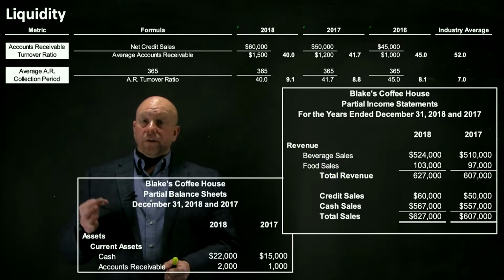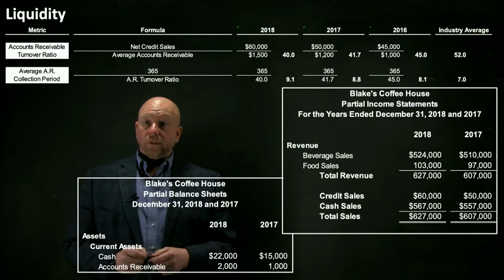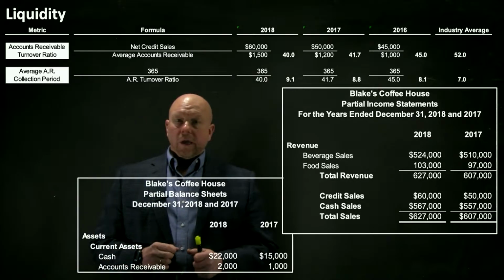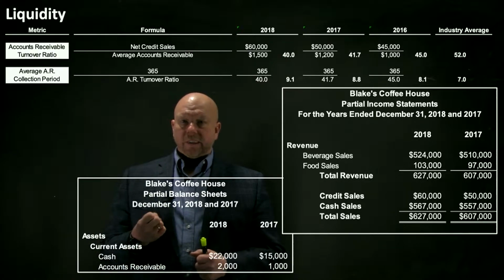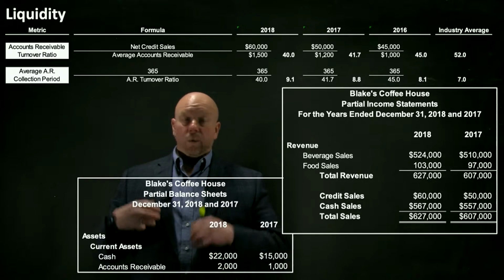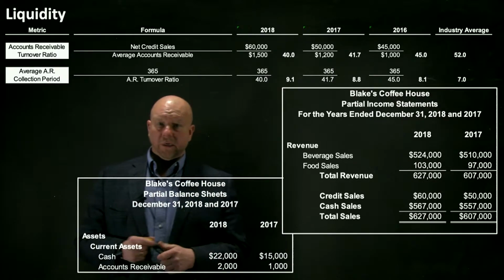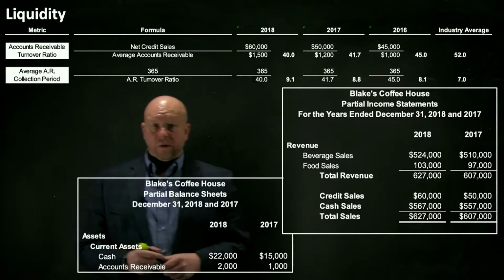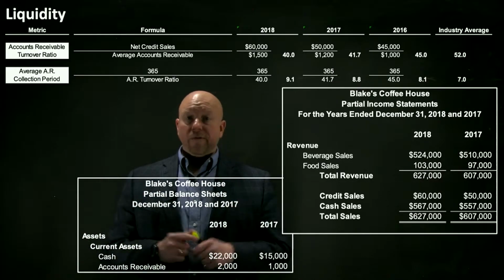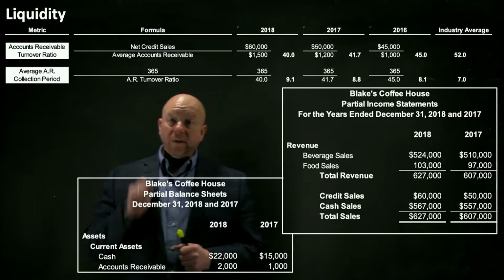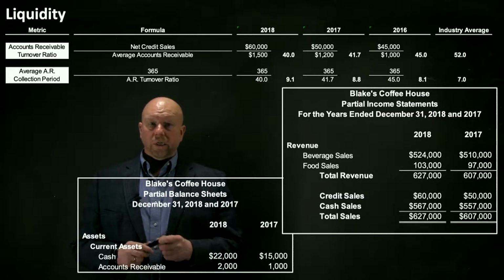A couple other measures of liquidity involve our accounts receivable. As you may recall, accounts receivable represents funds that customers owe to us. We have generated sales revenue, we recorded it on the income statement under the accrual method of accounting, and then we wait for the customers to pay us. So obviously there's a risk that we wouldn't get paid.